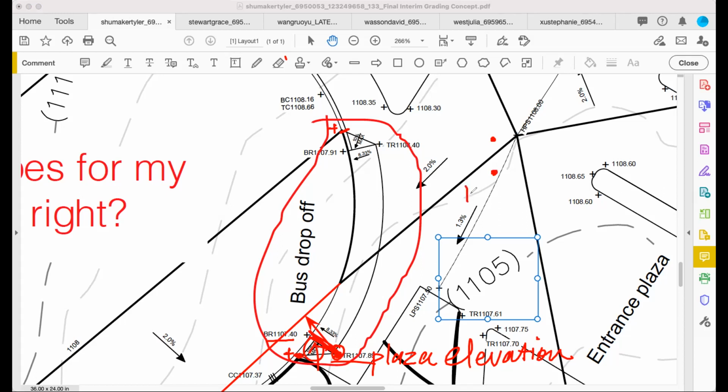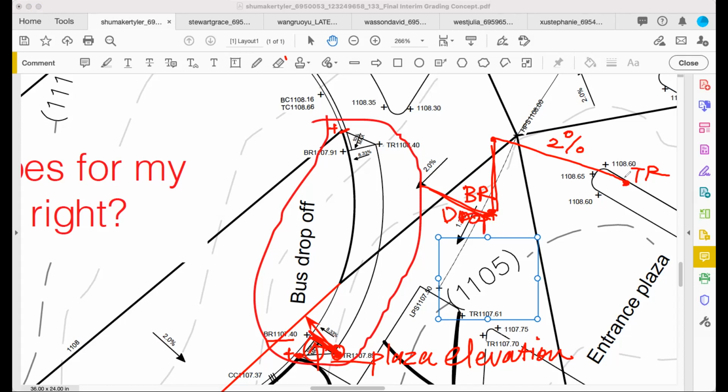This is your bottom of the ramp, which is determined by your drop off, and that is the 2% slope down to the TR, the top of the ramp. Yeah, I actually should put this one below. That's your BR. That is calculated based on the drop off.